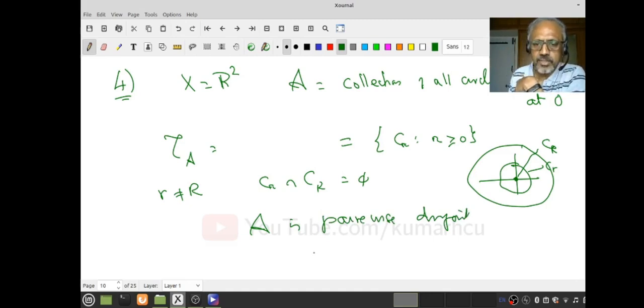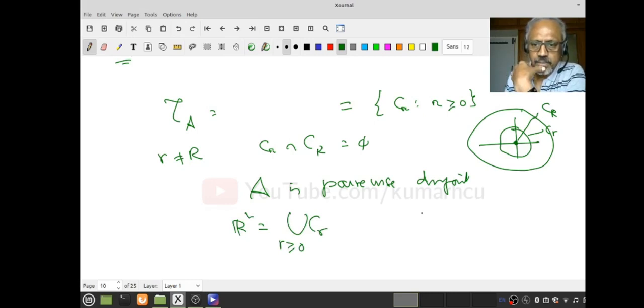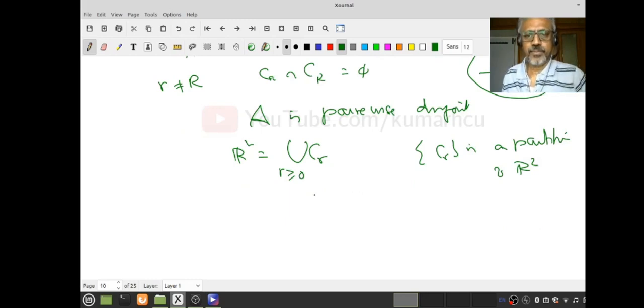And also we saw the union of C_r over r greater than or equal to 0 is all of R². Therefore, this collection C_r is a partition. You follow that? Therefore, tau A should be the partition topology.